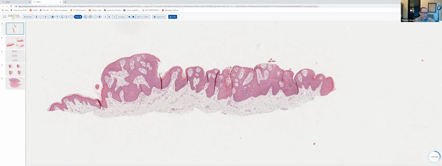One could also consider the diagnosis of a condyloma, because this does have the configuration of a condyloma. And indeed, these are human papillomavirus infections, Bowenoid papulosis, but they're just caused by oncogenic forms of the virus. So it's not surprising that lesions of Bowenoid papulosis have the architectural configuration of a condyloma.